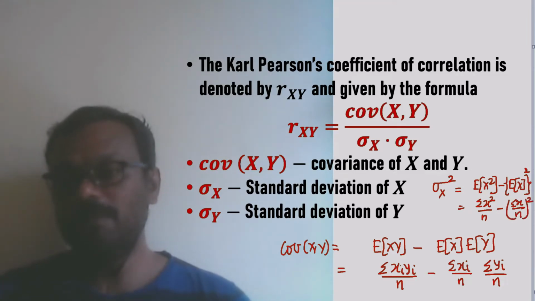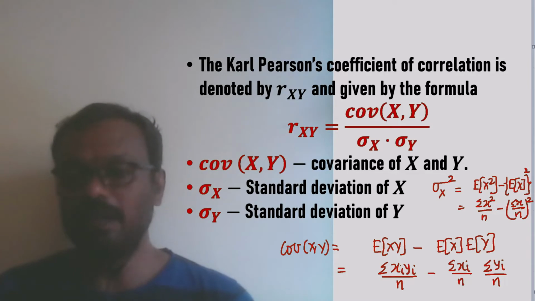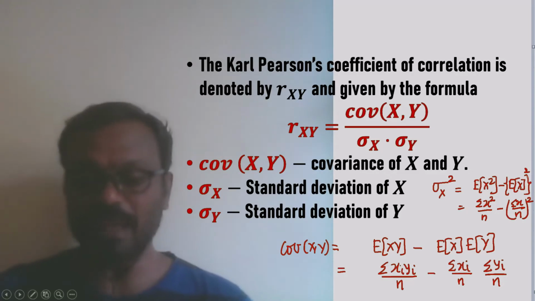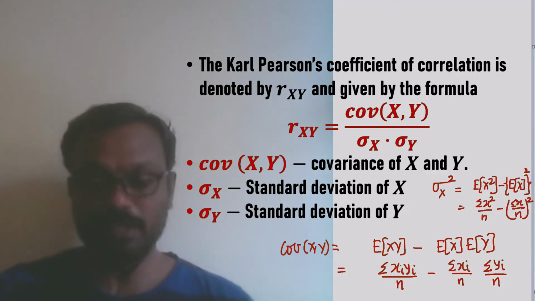And if the probability distribution of x is given, we have to go for the weighted average. Similarly, sigma y squared is the arithmetic mean of y squared minus the square of E of y, the arithmetic mean of y. These various representations we have given in the next slide.